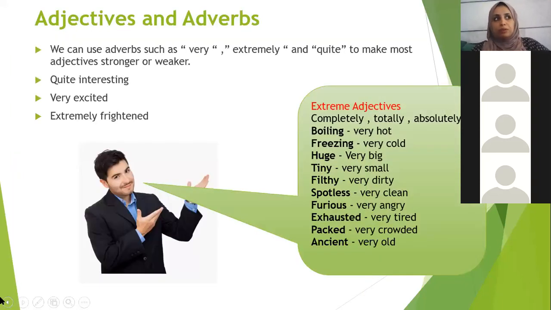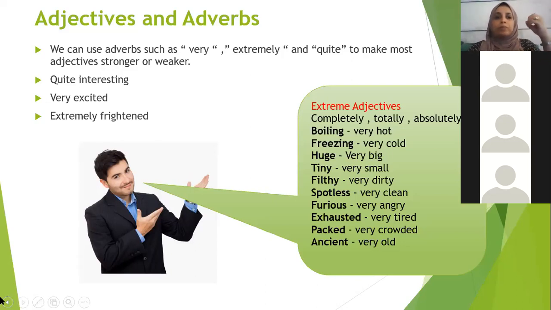We have different adverbs in English, so it's not only the ones we have here. The ones we have here are very, extremely, quite. And these adverbs you can use to make your adjective stronger. So once you add it to the adjective, you actually have a stronger adjective. You might ask, is it really important?